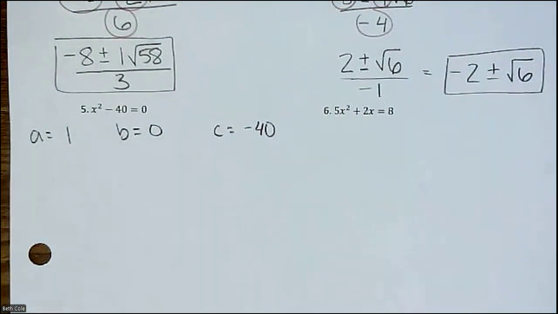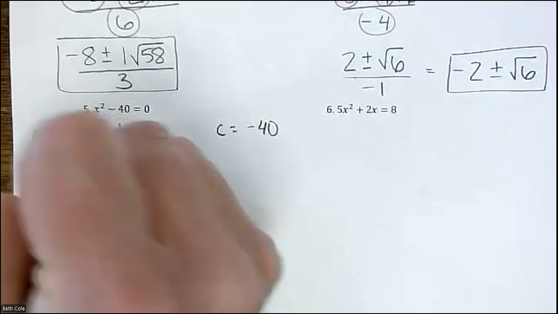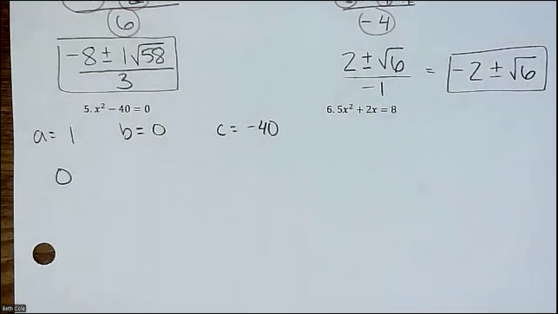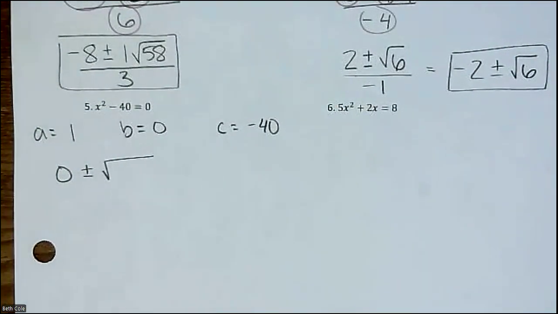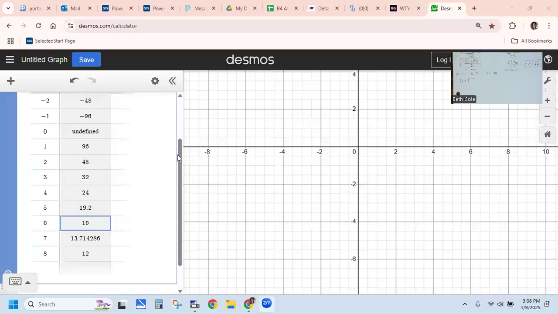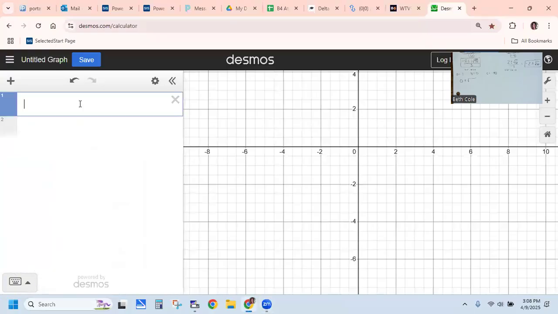Read your formula. All I need you to do is read. What does it say first? Negative B. That would be negative 0, which is just 0. Nothing. Plus minus square root. Now look, I'm going to type it in the calculator. Oh, let me get rid of all this. Just read underneath the square root. 0 squared is B squared.